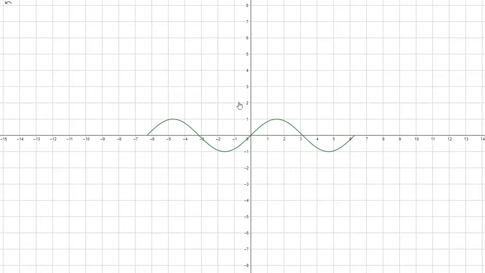And we can see that the graph is positive over this interval, which goes from -2 pi to -pi. And then it's positive over this interval, which is from 0 to pi.